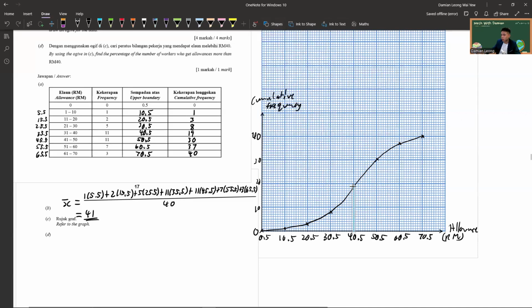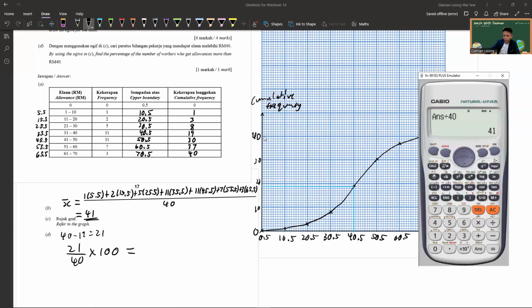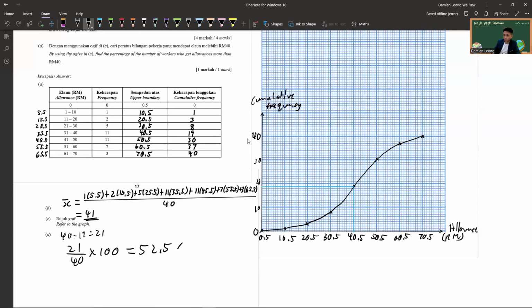So means those who has more than 19. So from 19 until 40 means, sorry, 40 minus 19 is 21. So 21 out of 40 times 100, which is 52.5%. That's it.